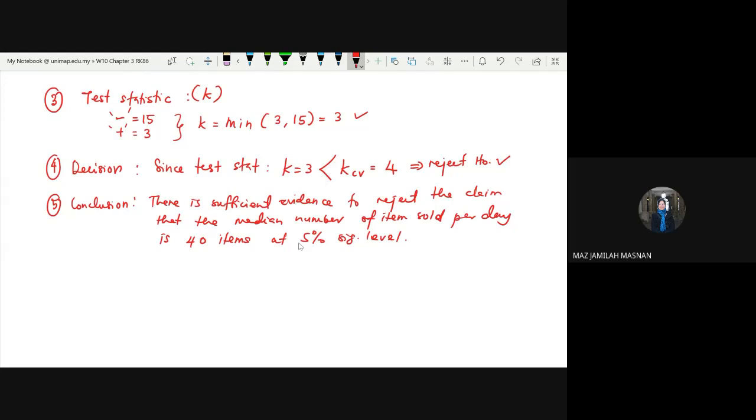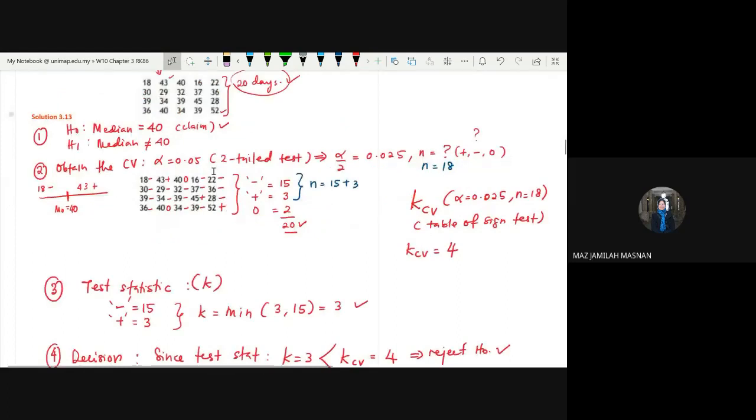So the whole sentence after that, the claim, is referring to your claim that you are testing.